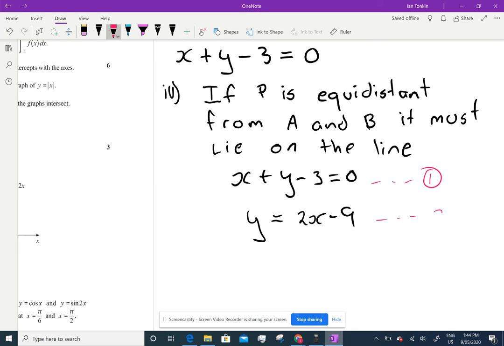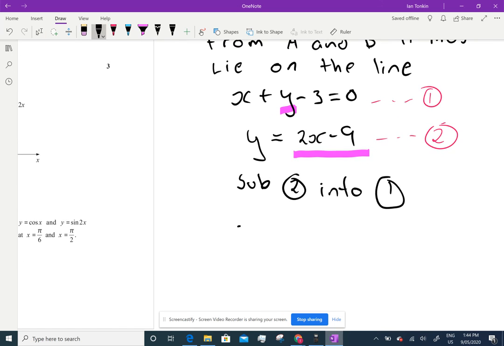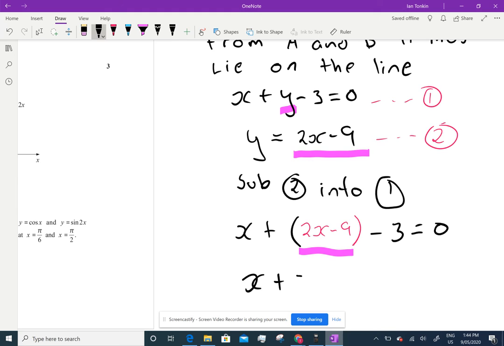I'm going to call that equation number 1. I'm going to call that equation number 2. And I'm going to sub this in for y. So I'm going to sub 2 into 1. And I'll get x plus, in parentheses, and I'll write it in a different colour so you know what I'm subbing in, 2x minus 9, subbed in for the y. Minus 3 equals 0. So x plus 2x minus 9 minus 3 equals 0.